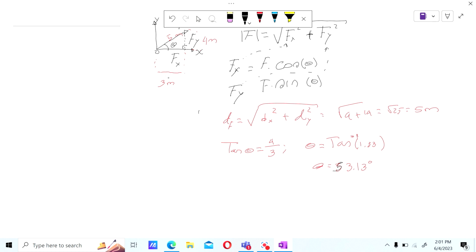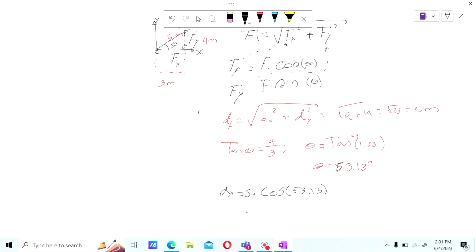So let's say we want to use the angle to compute the distance dx, which is this distance. What we do is, x is the hypotenuse, 5 meters, times cosine of the angle 53.13. Very nice.